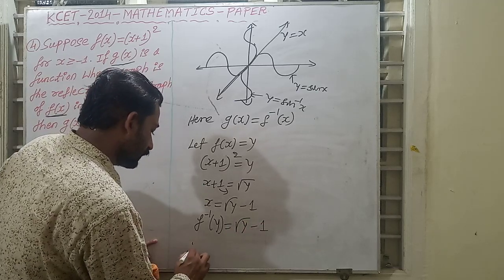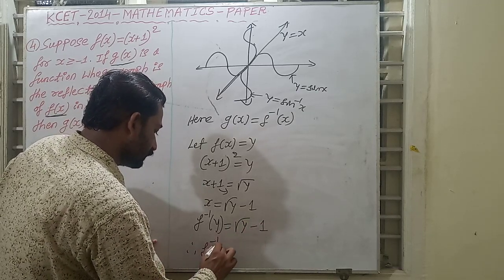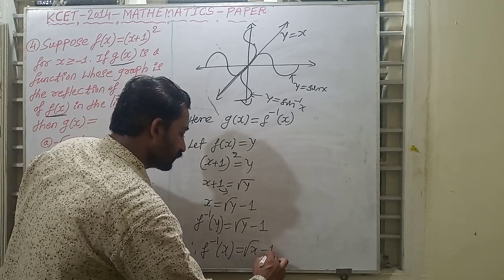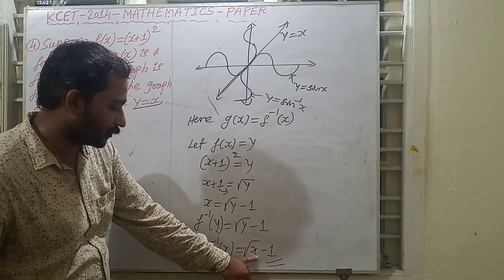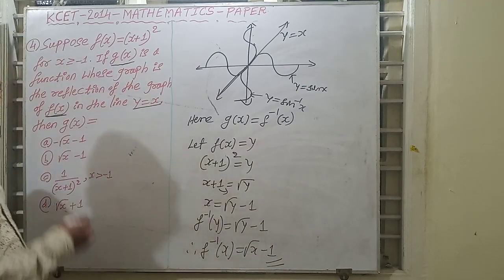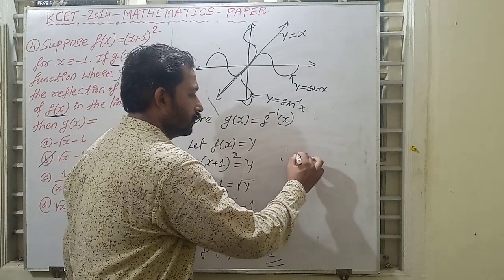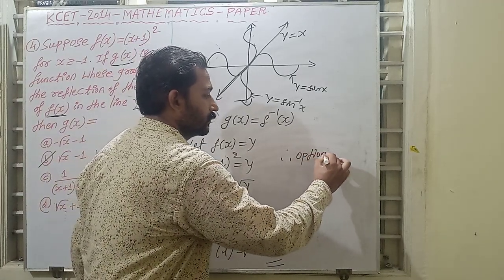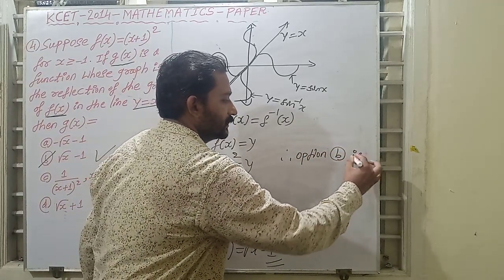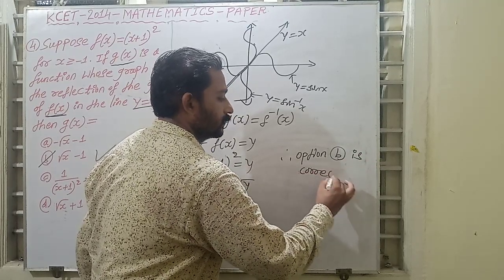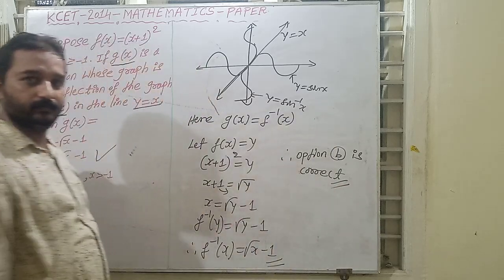This can also be written as f inverse of x is equal to the square root of x minus 1. Hence f inverse x is equal to the square root of x minus 1. Option B is correct. Therefore, option B is correct. So take down.